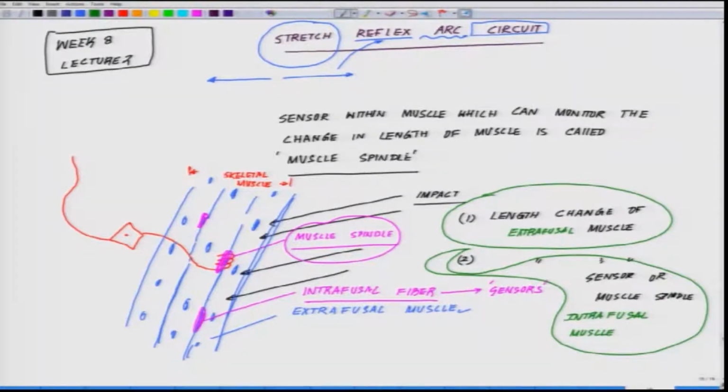Now, once the muscle gets a hit, the muscle spindle length changes and a signal is generated at the level of the muscle spindle.